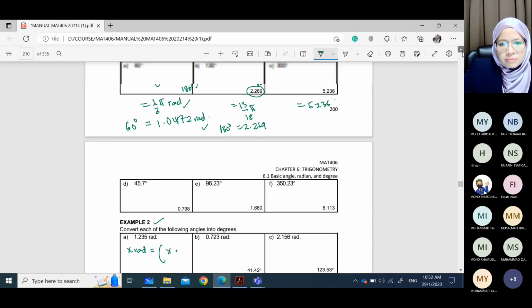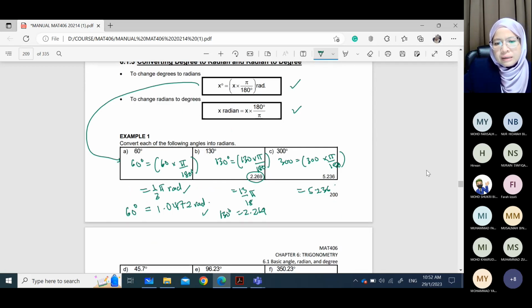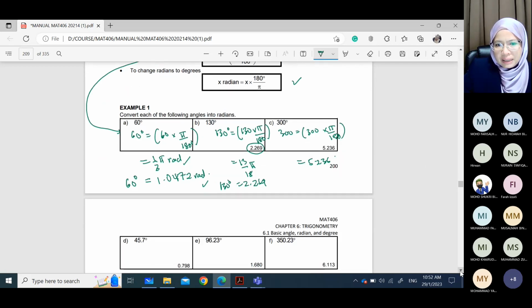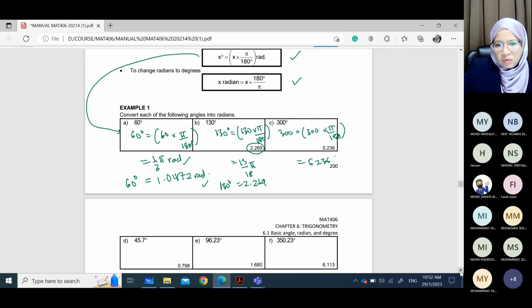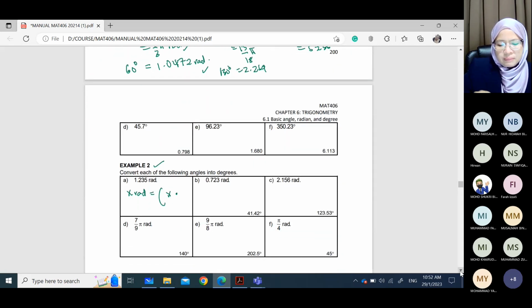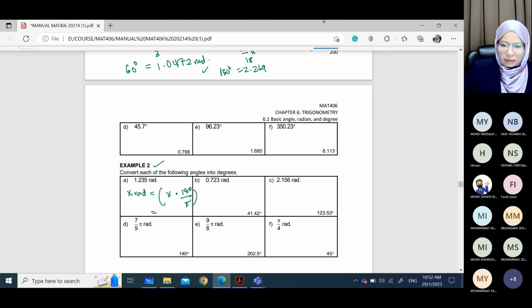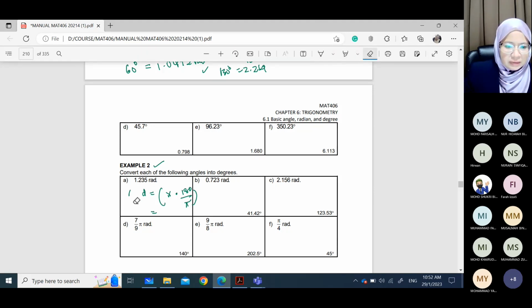Formula dekat atas tu. Okay. So, yang ni 1.235 radian. You masukkanlah dalam formula dan you akan dapat jawapan dia.